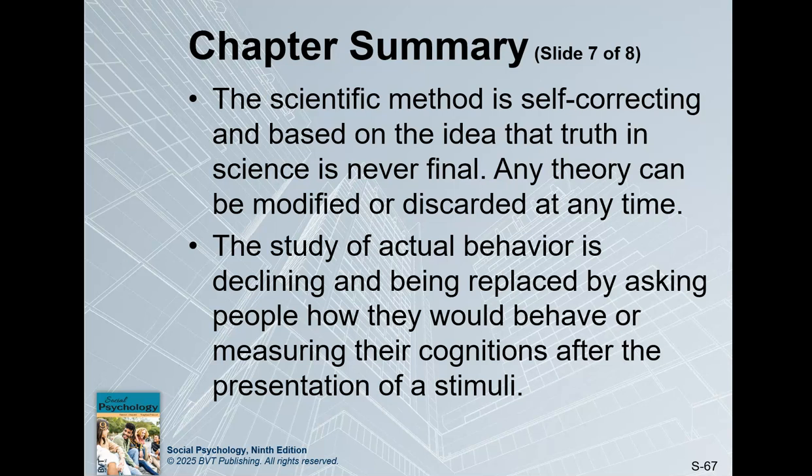So the scientific method is basically based on the idea that truth in science is never final. And that's because we use variables. And a variable's quantity can change anytime.